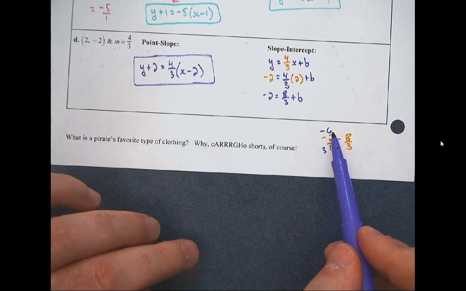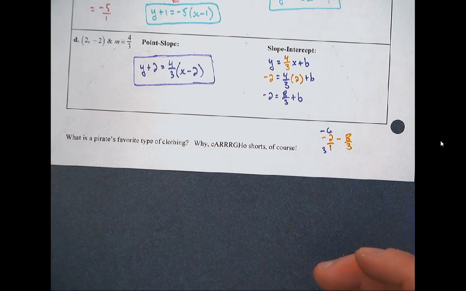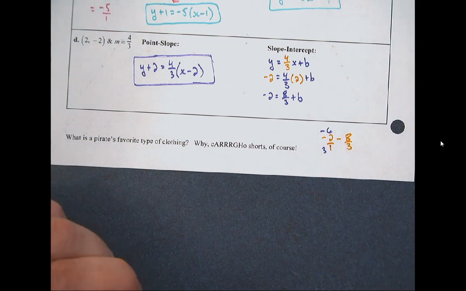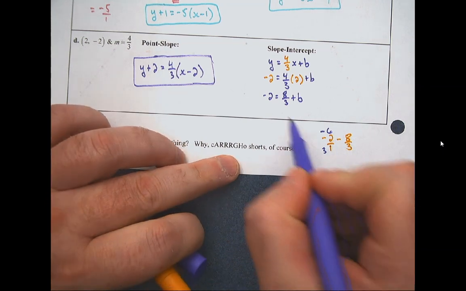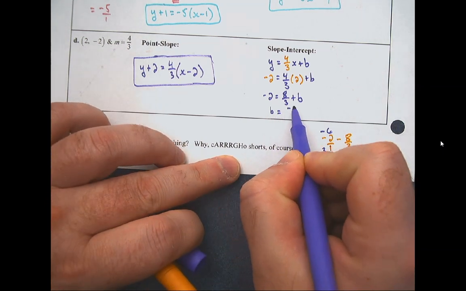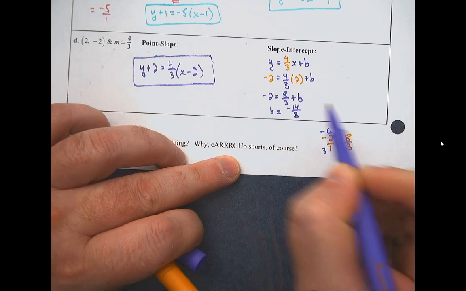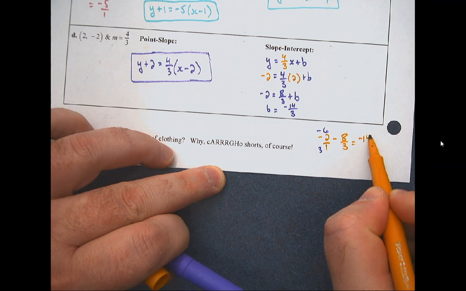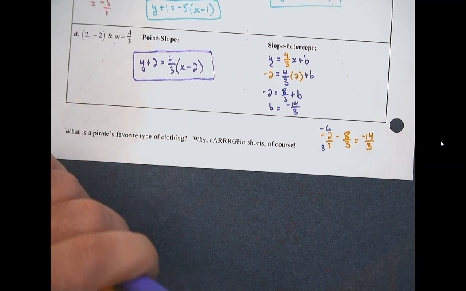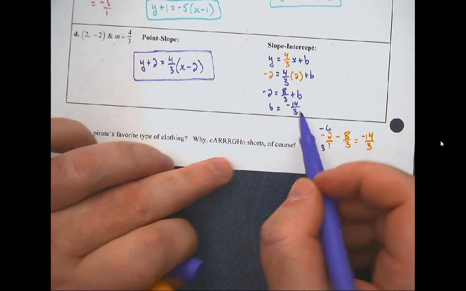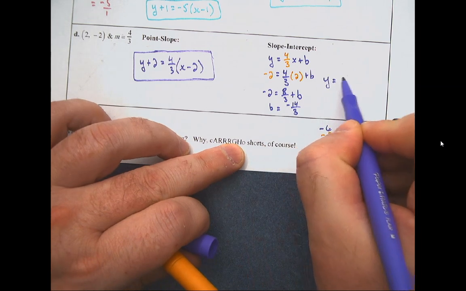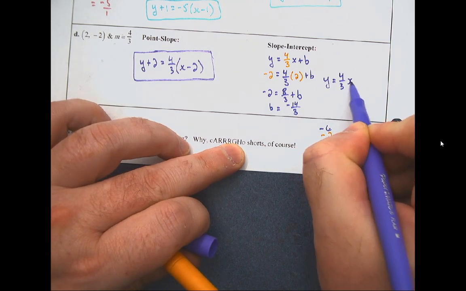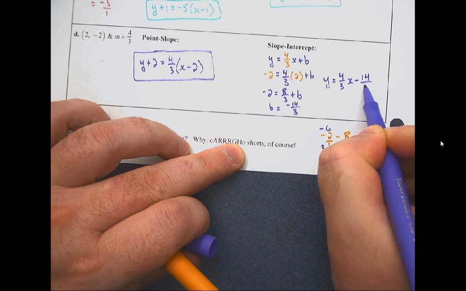So it'd be -6 minus 8. So that'd be -14/3. And now that we've found the y-intercept, we can take the slope and the y-intercept and make one equation, y equals 4/3 x minus 14/3.